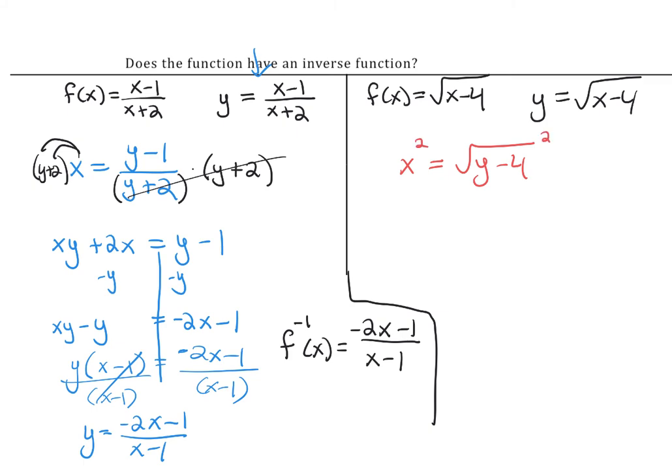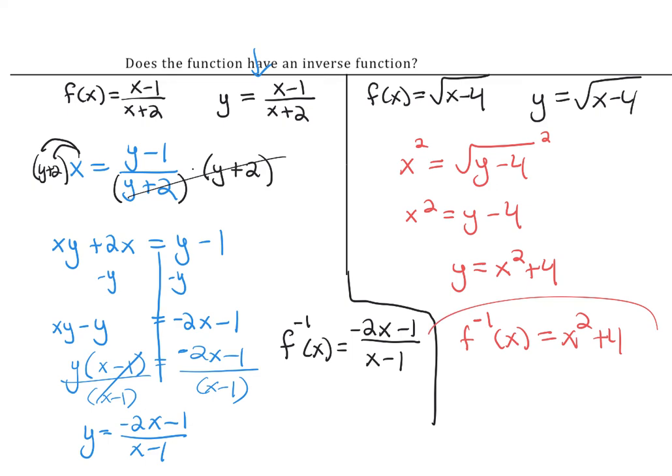So I can square both sides. So x squared equals y minus 4. And then add 4 to the other side. So y equals x squared plus 4. And then to put it into proper inverse notation, the inverse of f of x is equal to x squared plus 4.